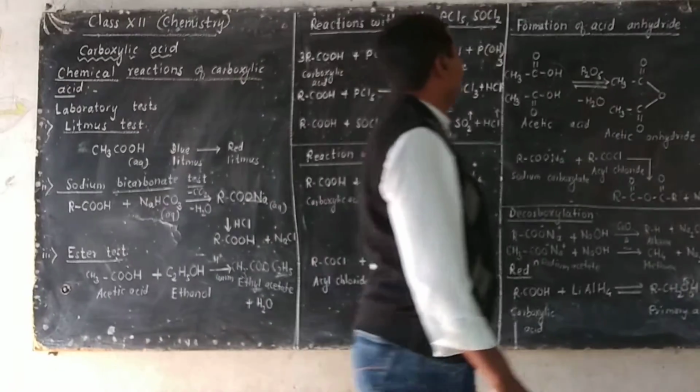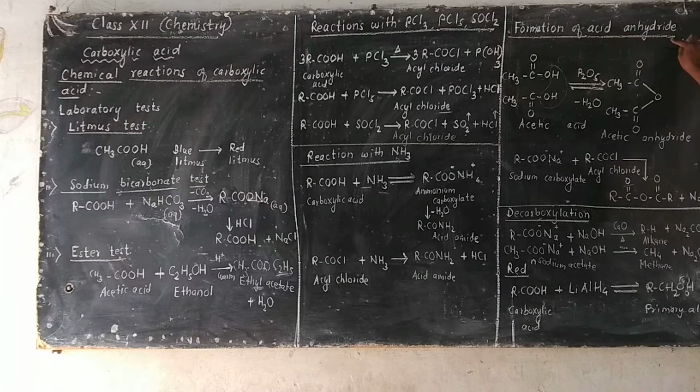Then formation of acid anhydride. Anhydride means the compound in which a water molecule is absent. So here two molecules of carboxylic acid, when heated with phosphorus pentoxide, form acid anhydride.